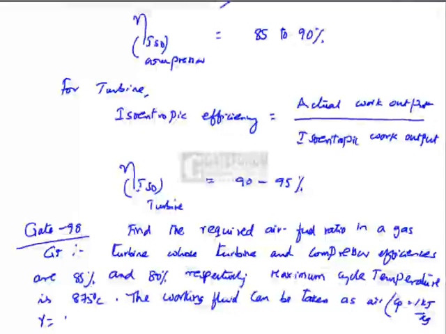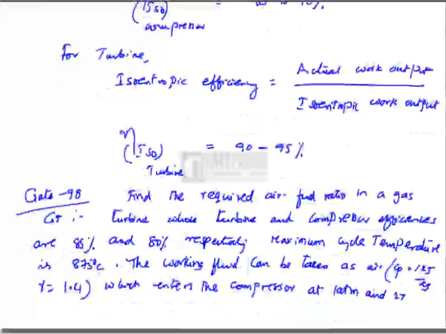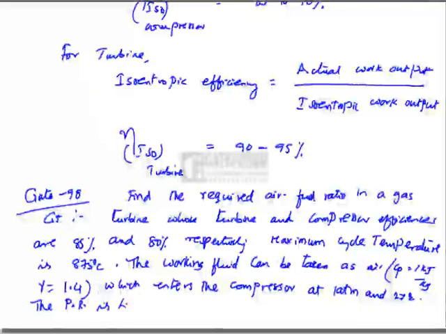Gamma is equal to 1.4 for air, which enters the compressor at 1 atmosphere and 27 degrees centigrade. The pressure ratio is 4.